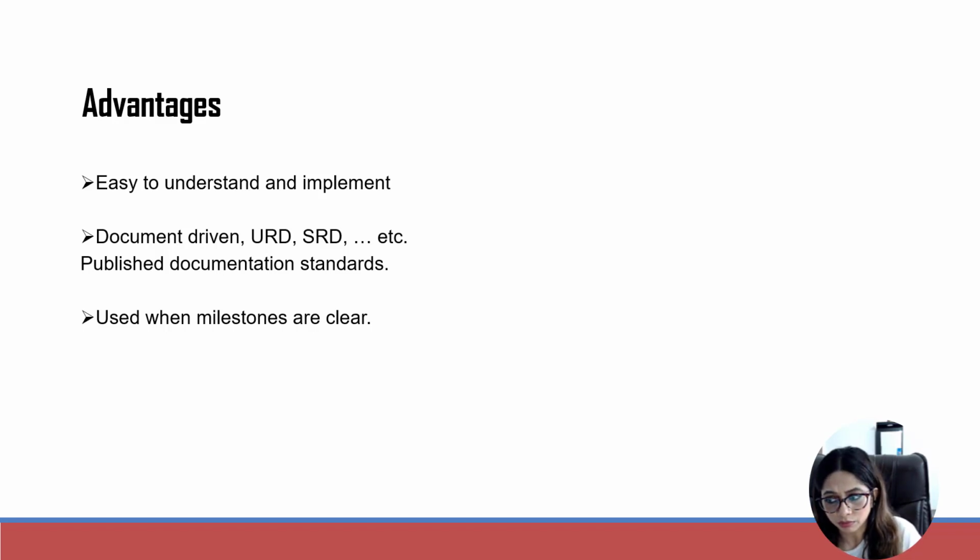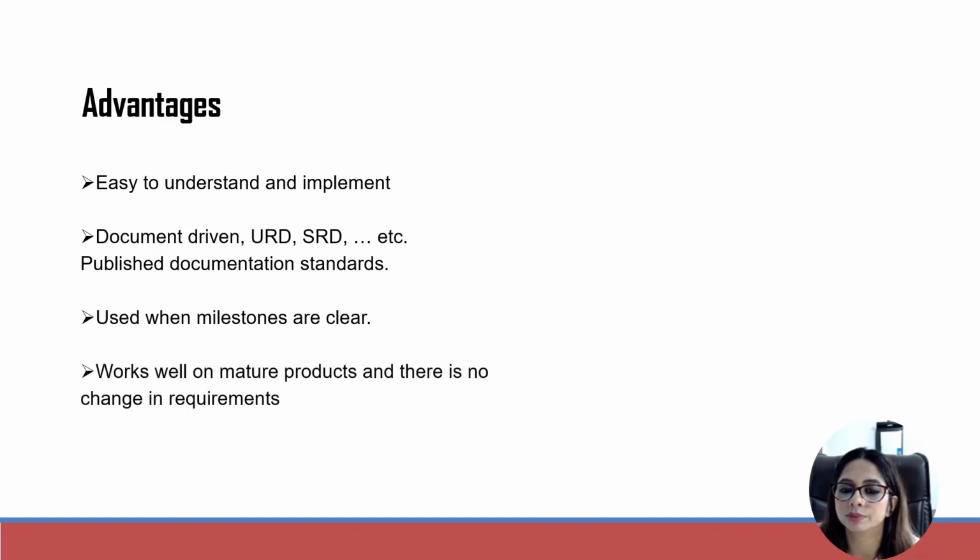Because if we don't know what we have to deliver in a month's time and then in the second month, it will be difficult for the team members to be flexible here. Here, everything has to be predefined and well planned. So when milestones are clear, it's good to use waterfall.